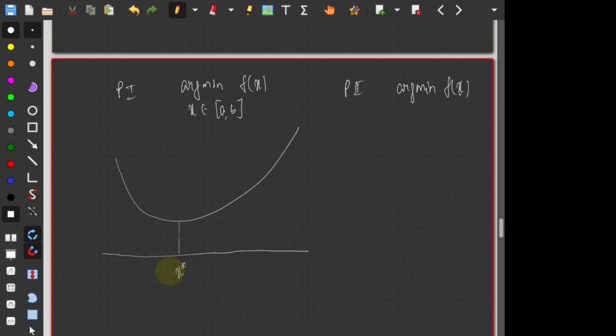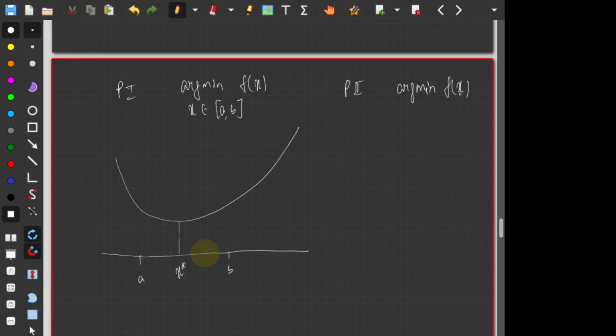Now what can happen? Now I'm imposing a constraint, so I want x to lie within A and B. I'm looking only for the minimizer between A and B. Now if the interval a comma b includes x star, then what is the minimum? It's equal to x star. The minimizer is still x star. So that is when this is A and this is B.